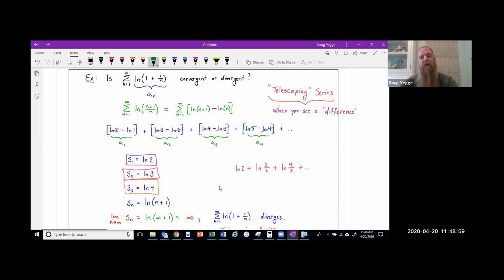So notice that all that's going to be left by the very end is the partial sum of ln of n plus 1. So what this is converging, in quotes, or diverging to is whatever happens when n approaches infinity. So we could see that the sum will become infinity, which is why we say that this series diverges.